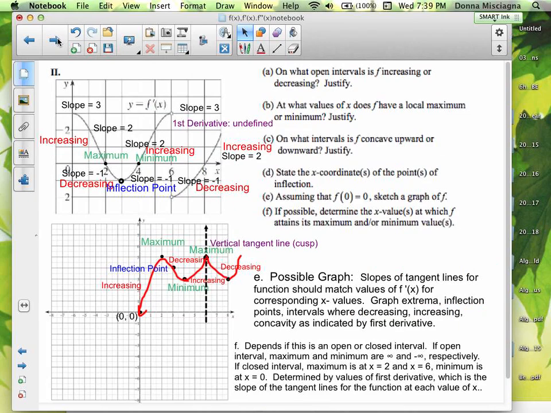It's a little rough sometimes finding these slopes, because you're looking at just a moment in time. But right at the beginning of the function, it has about a slope of 3 for that very sharp part there, because for about a third of a unit horizontal, it's going almost a full unit down.